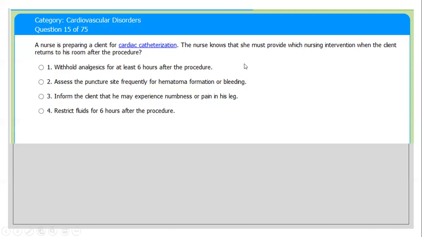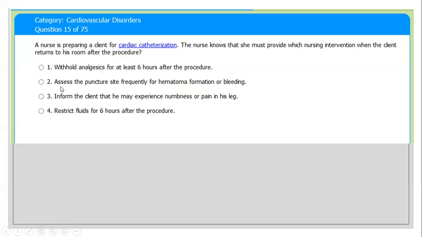The nurse knows that she must provide which nursing intervention when the client returns to his room after the procedure. Number one, withhold analgesic for at least 6 hours after the procedure.